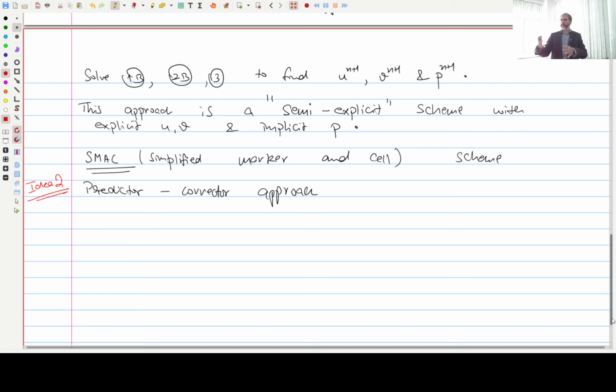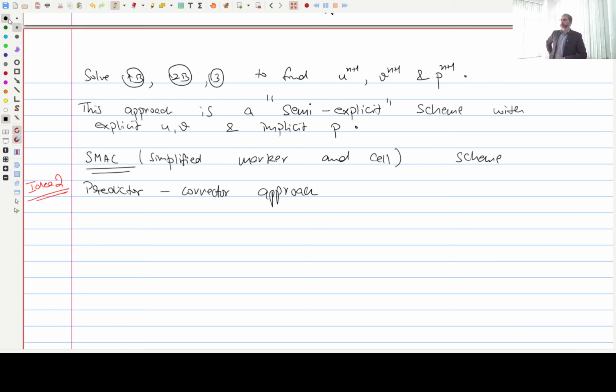So if after 5 or 10 years you work in CFD or some sort of computational mechanics field, you only remember these ideas. That's good enough. Every lecture typically has one idea, but this one has two major ideas, so I'm trying to highlight them.